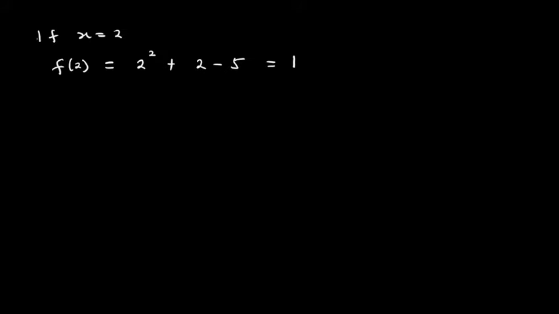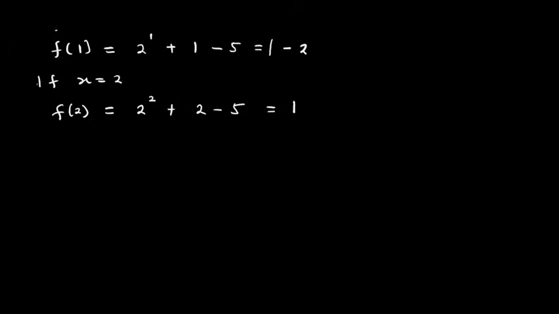So we notice a change of sign, right? Because we have f of 1 gives minus 2, while f of 2 gives positive 1, right? So we notice a change of sign, which means the root of this equation is in between 1 and 2, right?